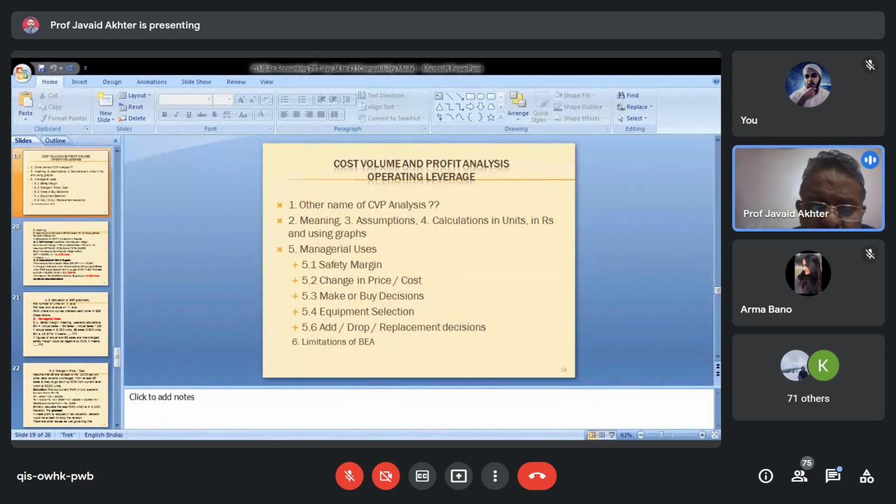You have a cell phone company which makes several categories of phone, an automobile company which produces several types of cars, and a two-wheeler firm which produces several models and variants. Therefore, we assume that in the case of a multiple product firm, its sales mix remains constant.